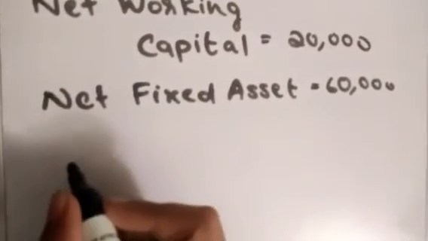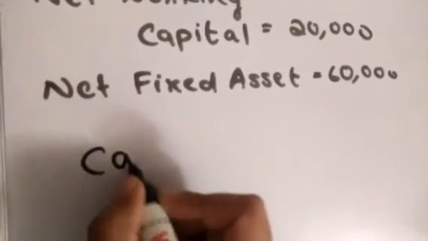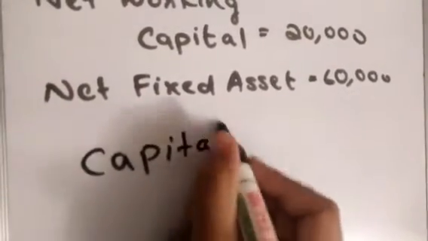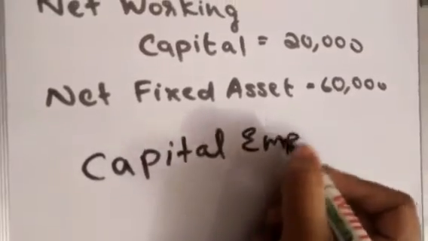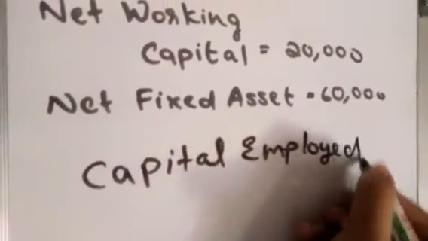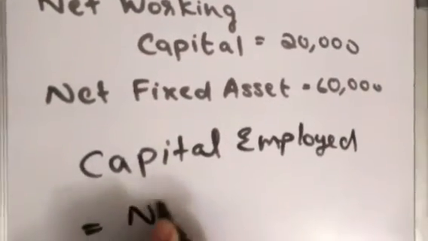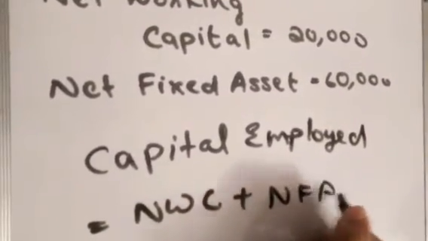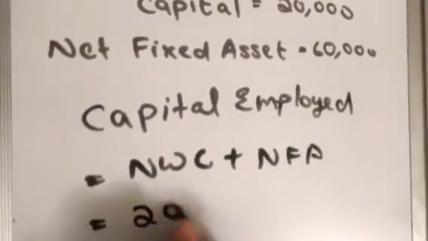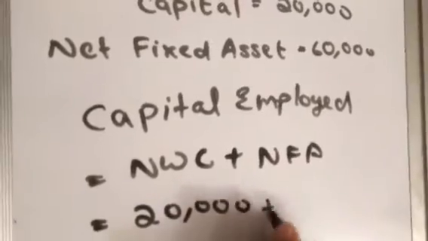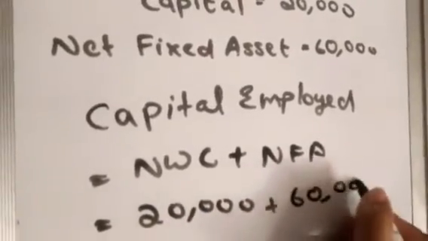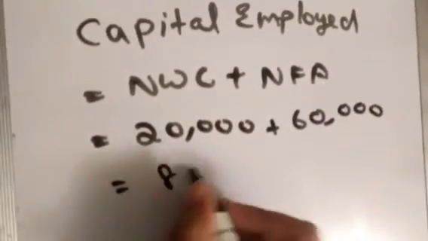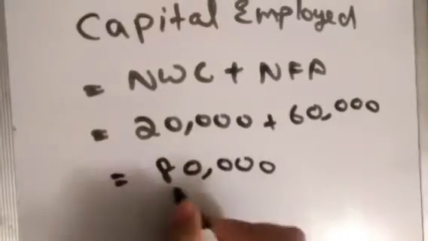The capital employed is equal to net working capital plus net fixed asset. That is 20,000 plus 60,000, that is 80,000. So 80,000 is the capital employed.